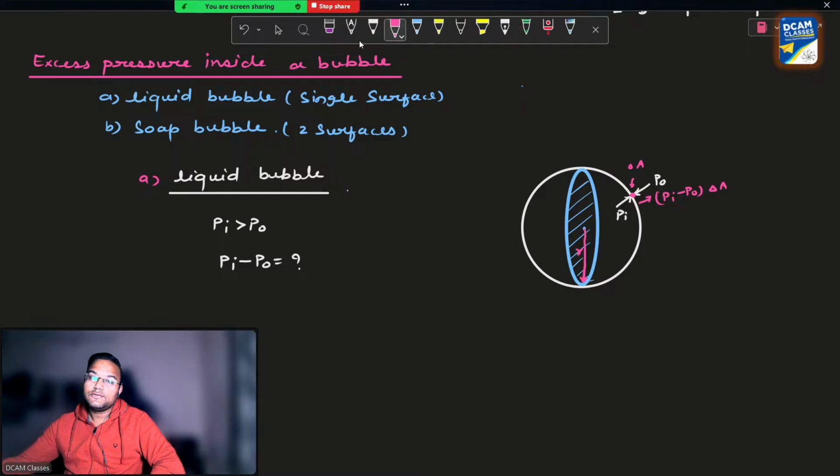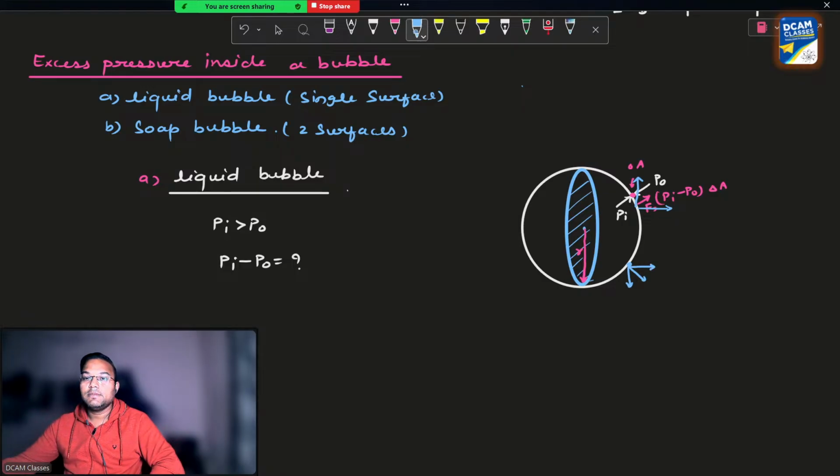Now for this force, I can take two components. One will be the horizontal one, the other will be the vertical one. The similar component at the bottom also has a vertical and a horizontal component.